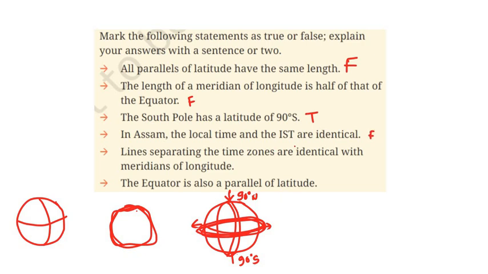We already talked about the fact that local time at different longitudes are different, and so we consider Indian Standard Time, IST, for the whole of India. So of course the local time will be different because Assam is at a different longitude compared to IST's longitude of 82.5 degree.